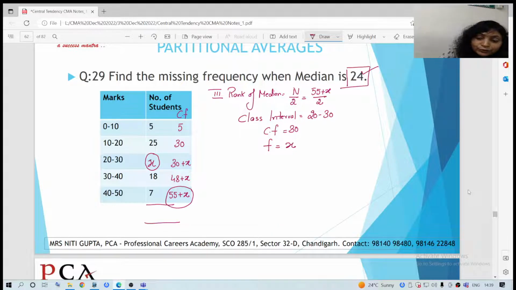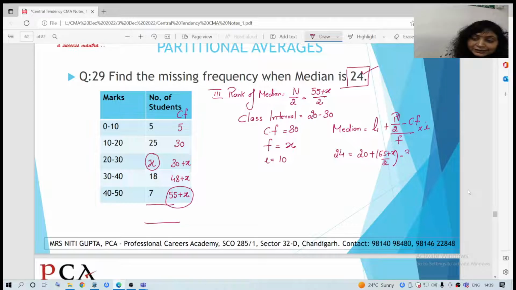Now we have to put all these values into the formula: L1 plus n by 2 minus CF upon F into I, and our class interval is 10. So median is 24, lower limit of class is 20, rank is 55 plus x upon 2, cumulative frequency is 30, frequency is x and class interval is 10.